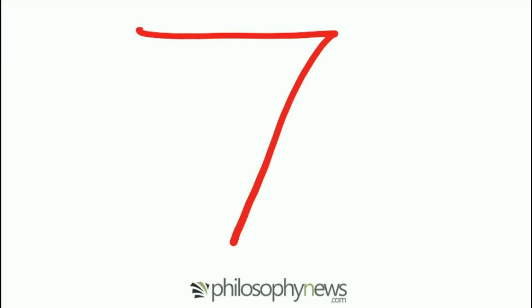Now let's suppose I took my pen here, and I'm going to draw a red 7, and I'm going to make it quite large. Now, philosophers talk about the nature of things in terms of their properties. Their properties are just items that are true about something. So when we look at this red 7 on the screen, on my screen it's about 5 or 6 inches tall, and obviously it's the color red.